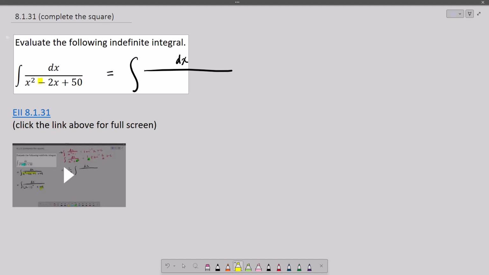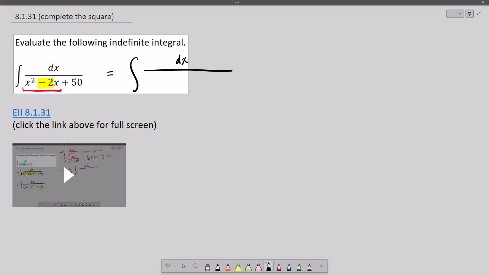So the constant that we need to allow the completion of the square, so we're looking just at these 2 terms right there. We divide that by 2 and square it, we need a 1. 2 divided by 2 is 1, 1 squared is 1. So we're just going to borrow that 1 from this 50.